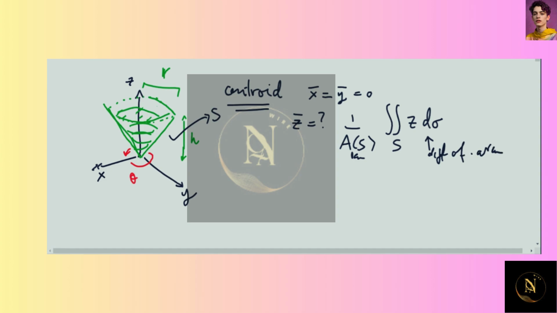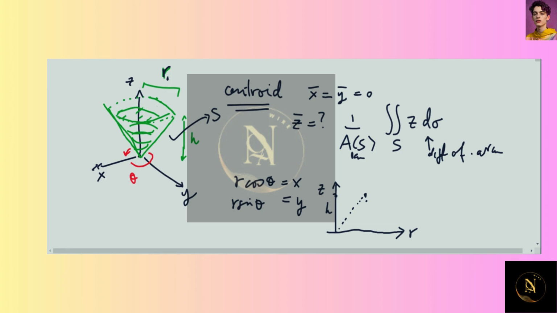And then this region can be described as x is equal to r cos theta, y is equal to r sin theta, and if we have here some z and then r, we know that for z equals h, let's call this r naught there.